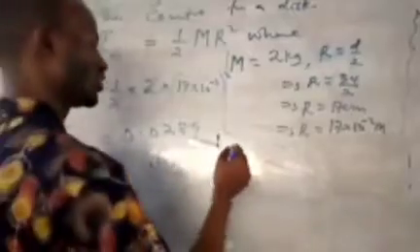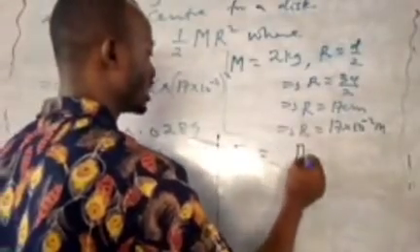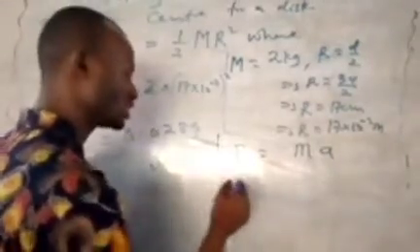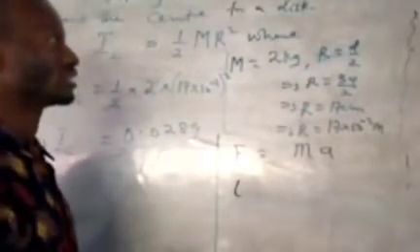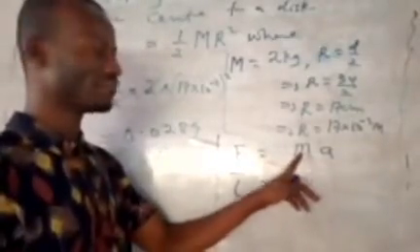Let me just remind you. In linear motion, force is equal to mass times acceleration. But in rotational motion, force is replaced by torque. And this torque is simply equal to, now, mass, which in the world of rotation is replaced by inertia.